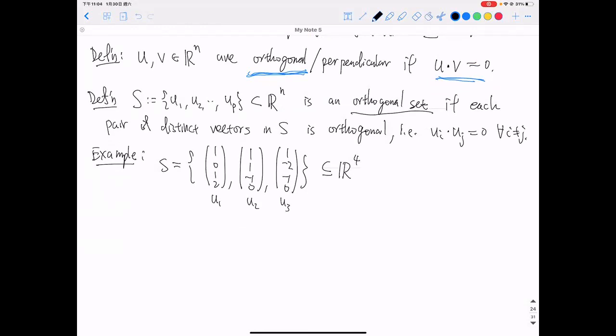To decide whether this collection is an orthogonal set or not, all you have to do is to compute the dot products of any two of them. Right, so U1.U2, U1.U3, and U2.U3. Each of these is a straightforward, however lengthy it may be, computation to do.